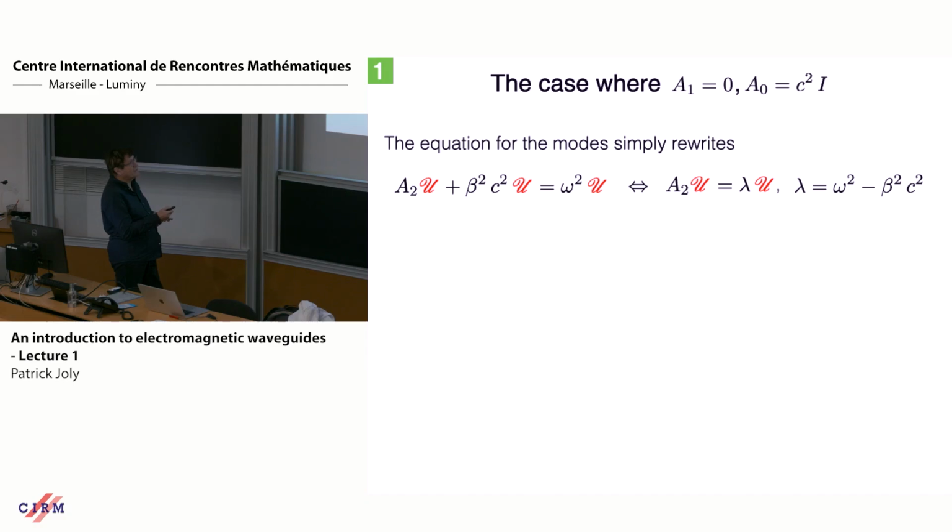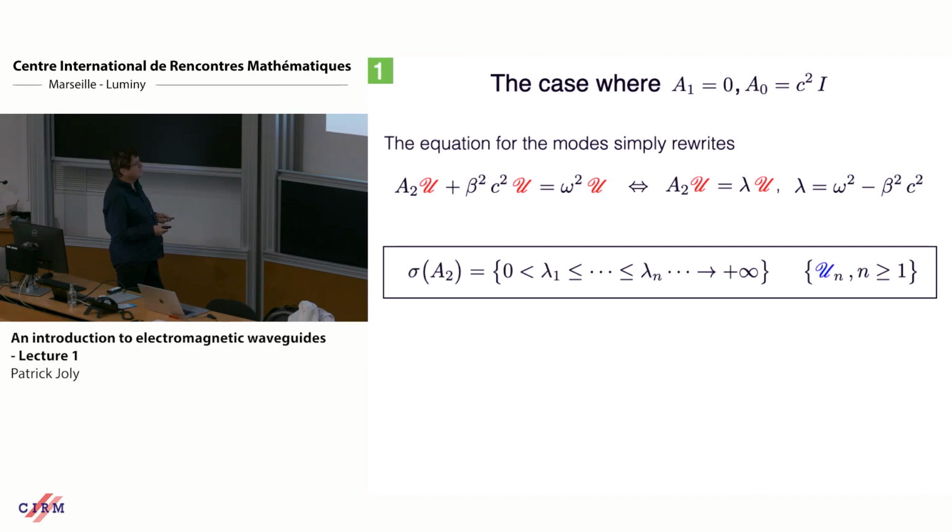In fact, the eigenvalue is this time the difference omega square minus beta square c square, and you have only to take care of the spectrum of the operator A2. This operator A2 is itself positive definite, or positive and self-adjoint.